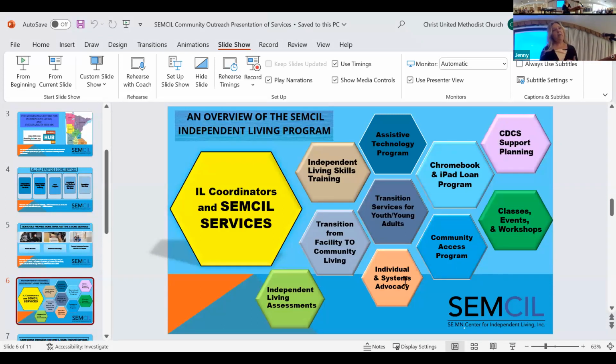We do IEP and systems advocacy as well. We help parents understand the IEP process and what they can expect from the school. We review IEPs and we work with a lot of information with that. It's a very complicated system and it's very overwhelming for parents. So we just kind of help navigate that process as well.